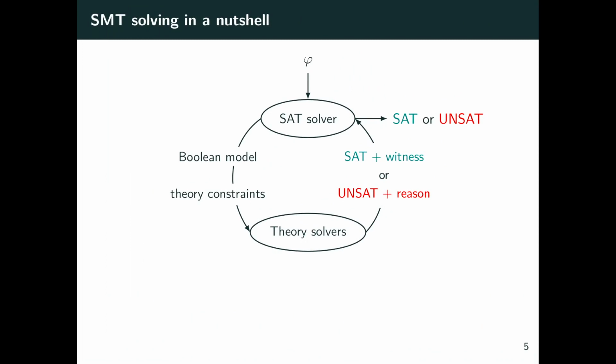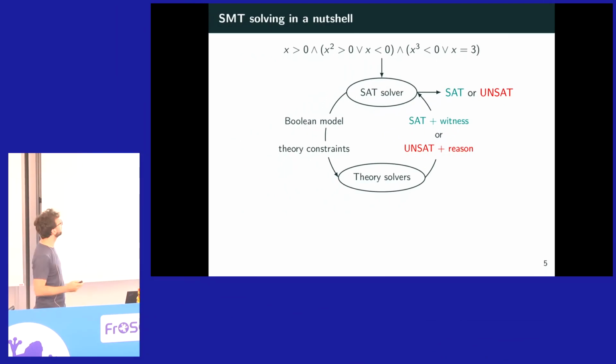And you have a formula as input. Then the SAT solver gives you an assignment to the Boolean structure and totally ignores what happens inside these theory expressions. And the theory solver then checks whether it works. So assume we have x, which now is an integer variable, let's say, and we have a bunch of constraints. So we say x needs to be greater than 0 and x squared should be larger than 0 or x smaller than 0.